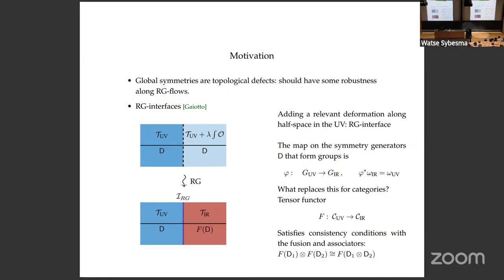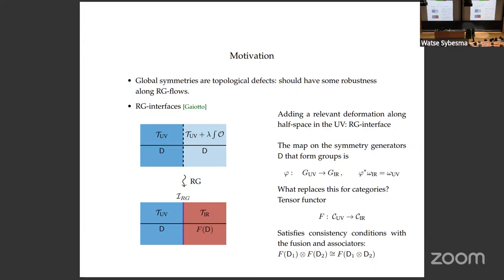Namely, I have a map from the UV symmetry to the IR symmetry, and basically they have to satisfy some H3 cohomology class, for example, with G, U(1) valued, and the pullback of the IR symmetry anomaly needs to be the UV symmetry anomaly.